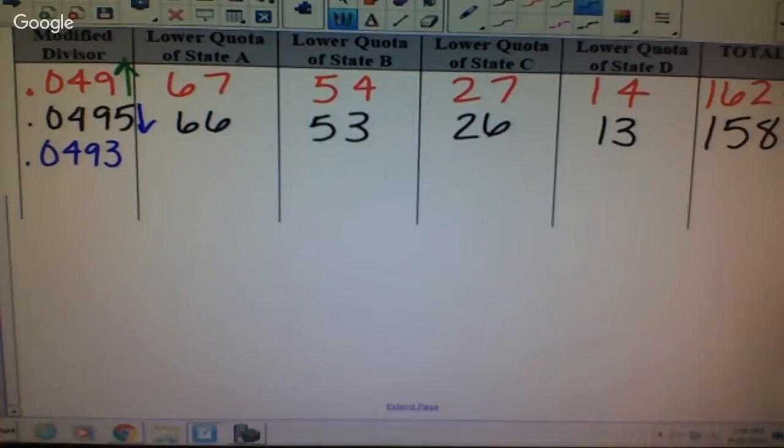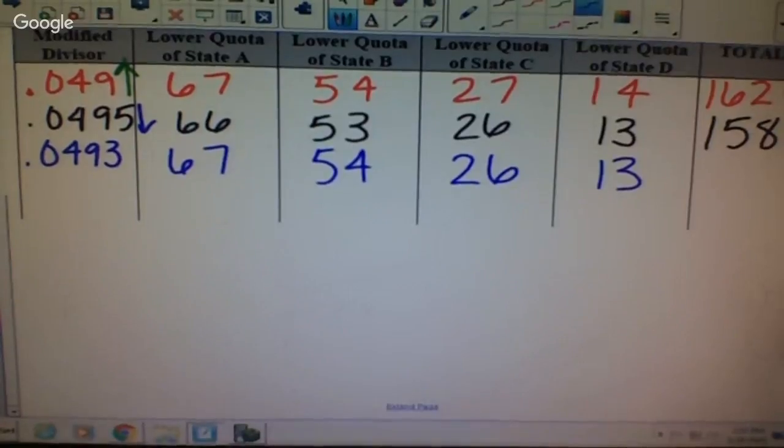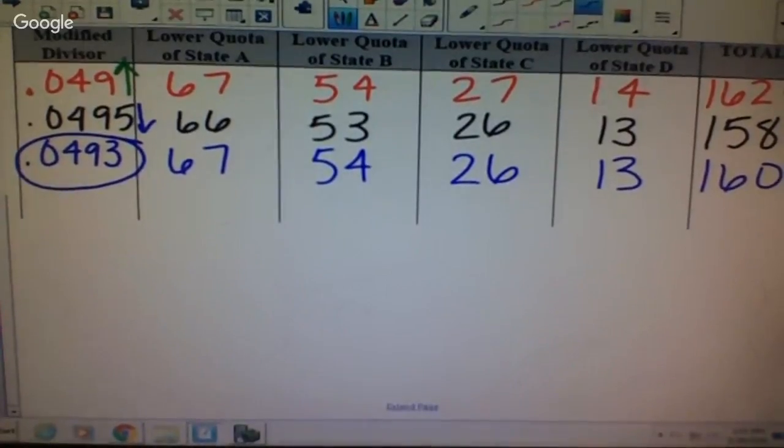So where are we at? 67, 54, 26, and 13. So we went up 2, and these 2 stayed the same. You want to know what else would work? I used 0.0494, and that also gave me the same answer.